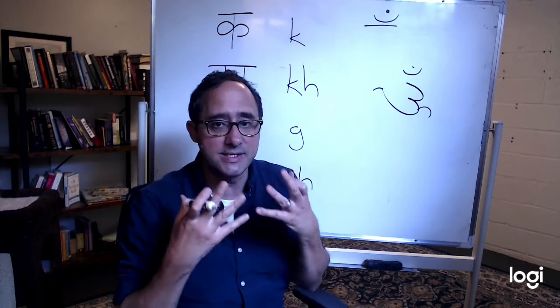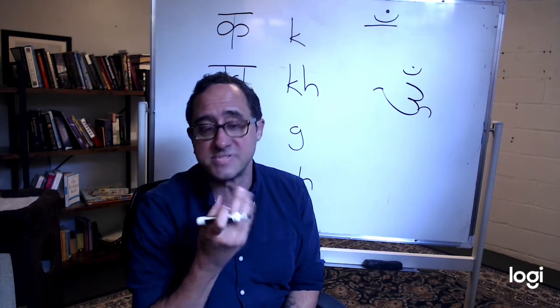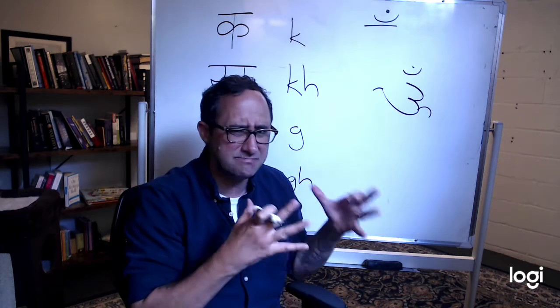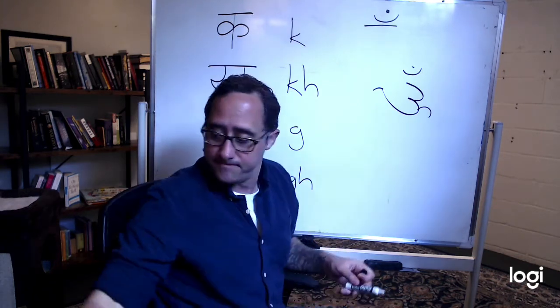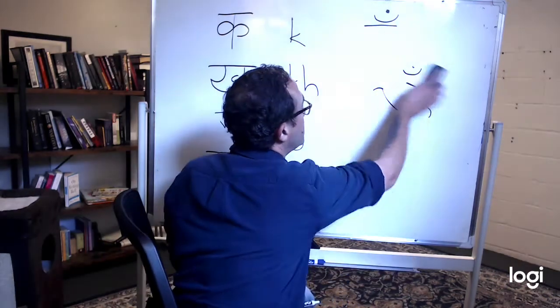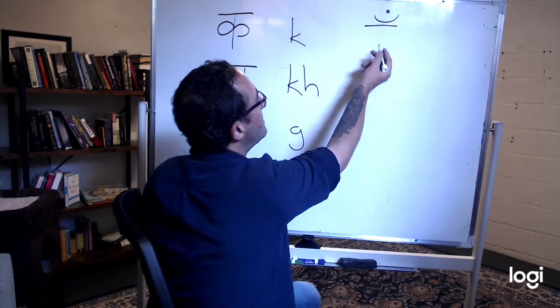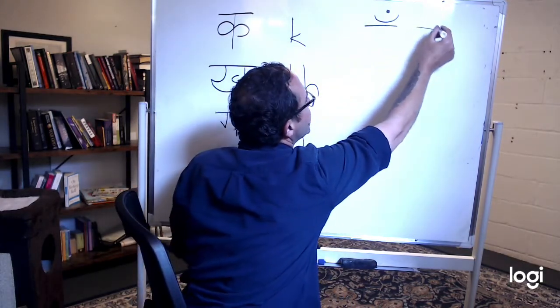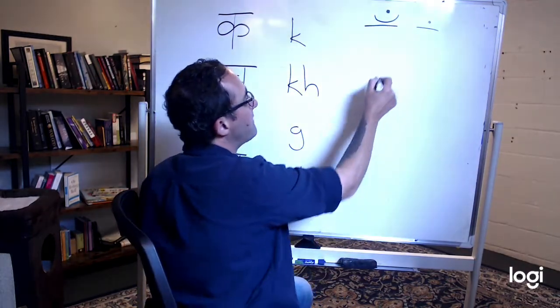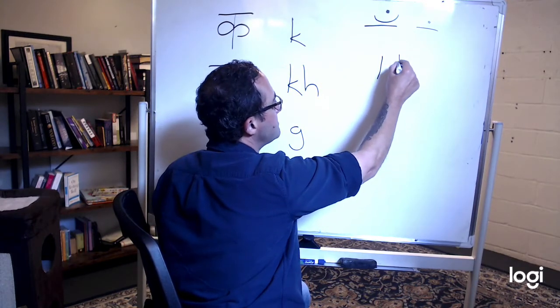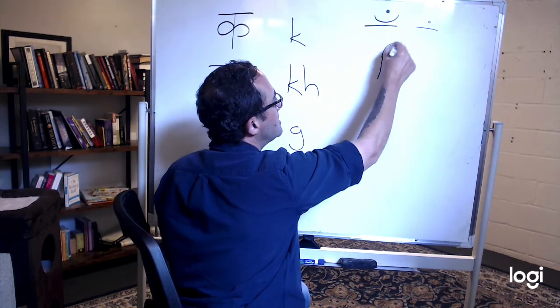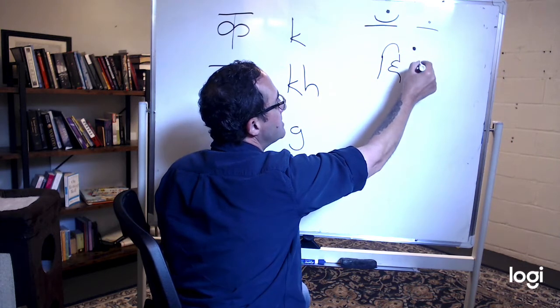This could also represent the sound in Sanskrit. I think that's how it's made up. But anyways, now you know where that comes from for Sanskrit for the Om. Above them we can do that, or it can just be a dot. So for instance, remember when I wrote Hindi? I can put a dot here.